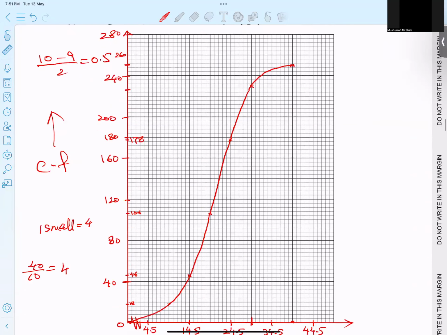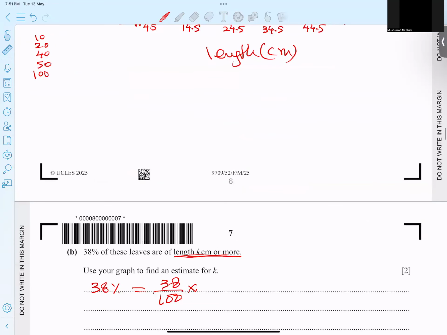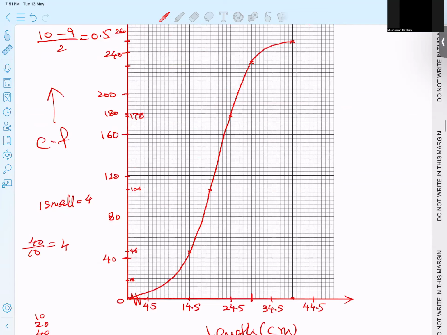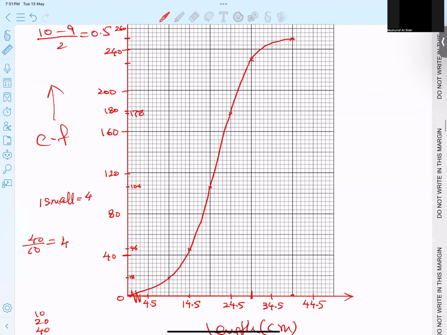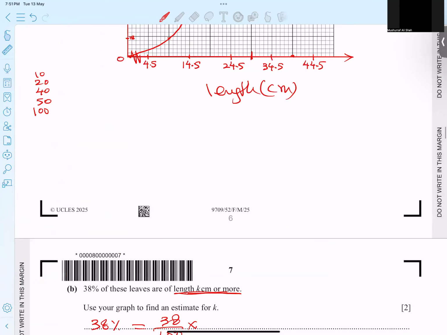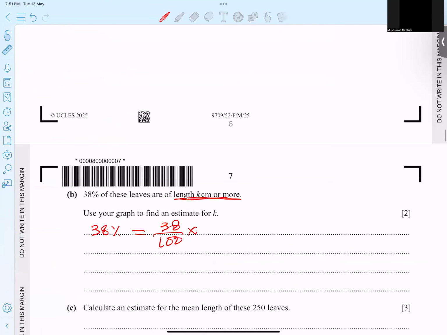Let me check once again. He said length in centimeters, 38% of these leaves. And he said K or more, so find out the K. That is correct, it's not wrong.